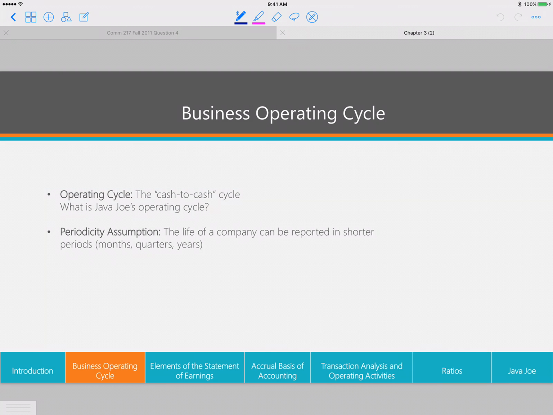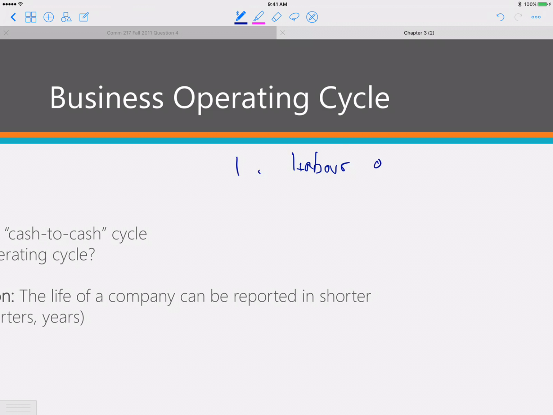So let's talk about the business operating cycle. The operating cycle is the cash-to-cash cycle. If you recall from the previous lessons, we discussed what the operating cycle is. The first step is that an entity would purchase labor or materials.